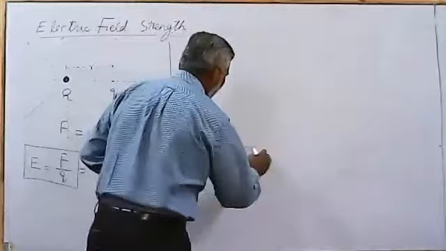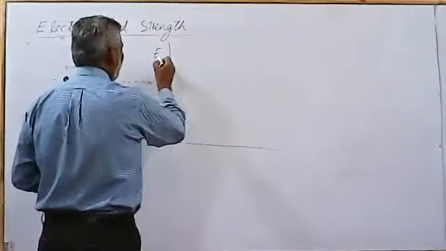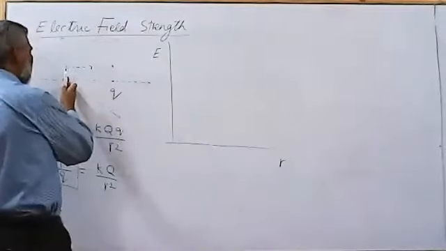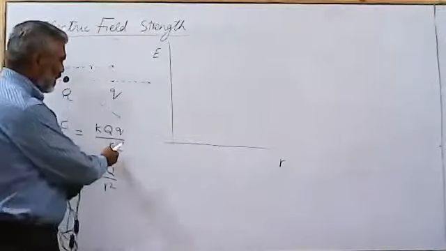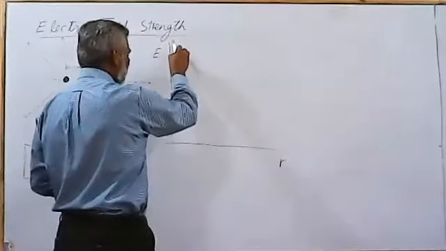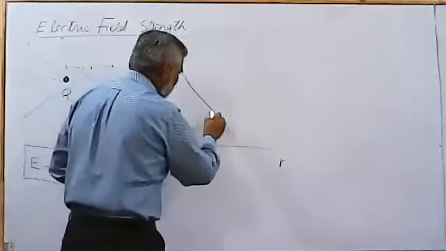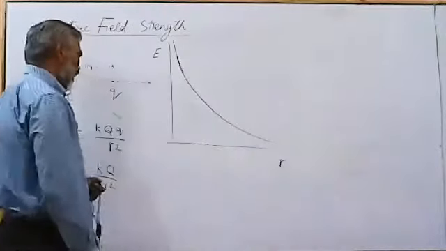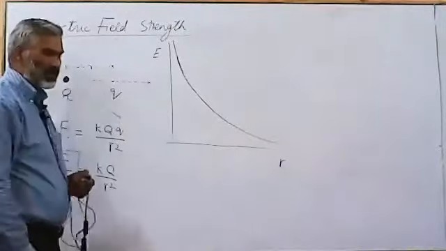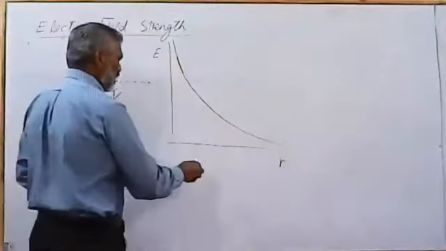Suppose this is a point charge and its electric field strength E is studied with its distance R. Very close to it, when the distance is 0, theoretically the field becomes infinitely large. But as you move away from this charge, it drops, and at infinitely large distance the value of electric field strength becomes 0.